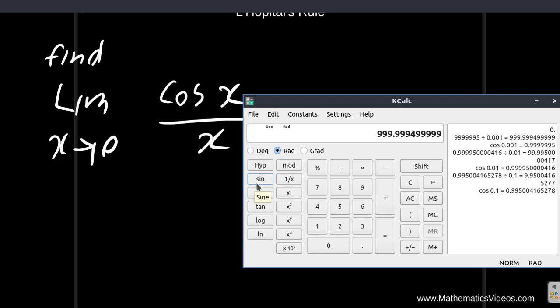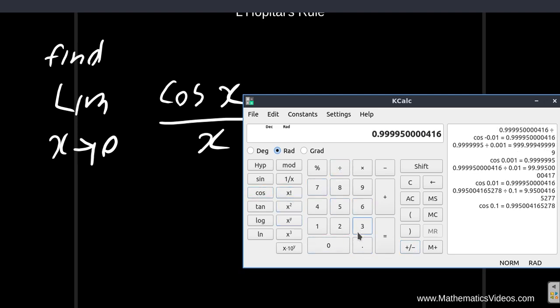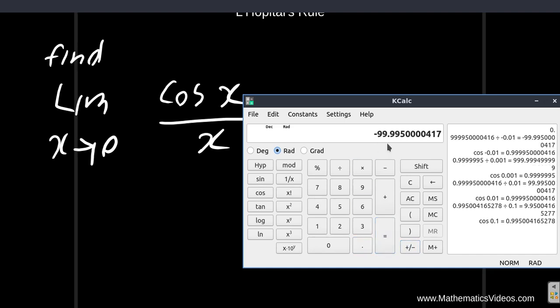So let's consider a negative number now and see what happens. Say we have negative 0.01, cos of that divided by negative 0.01, equal, you have negative 99.995.